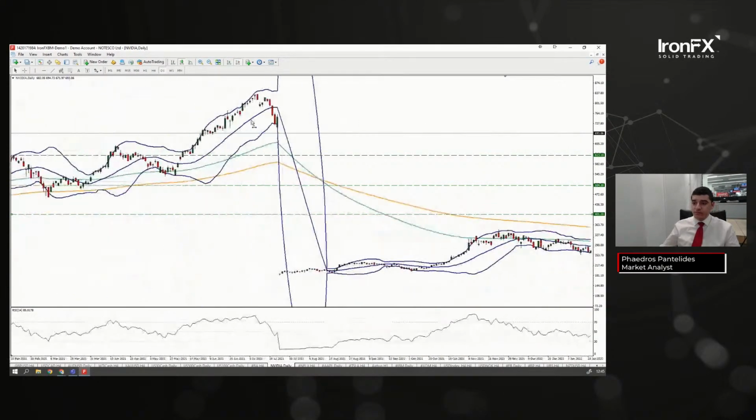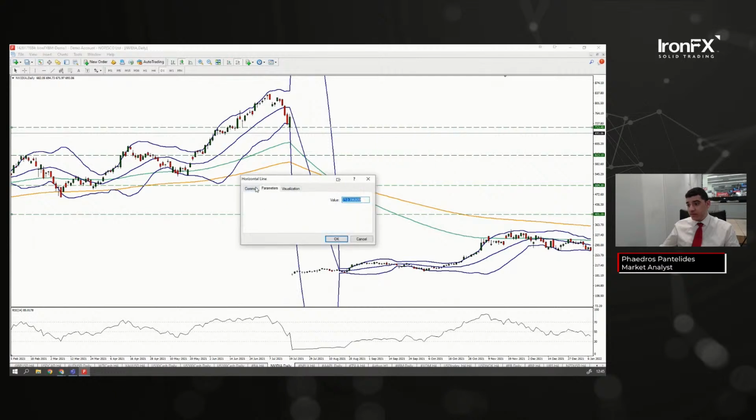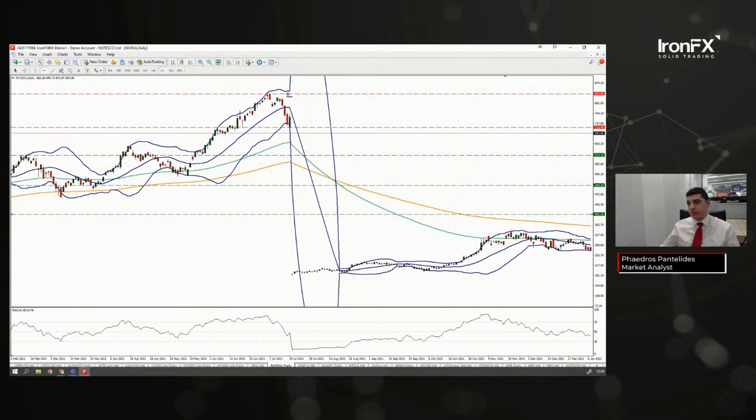Then resistance, 713.40. No mistake, some analysts had a target of $700 per share. 833.70, that's my R2.